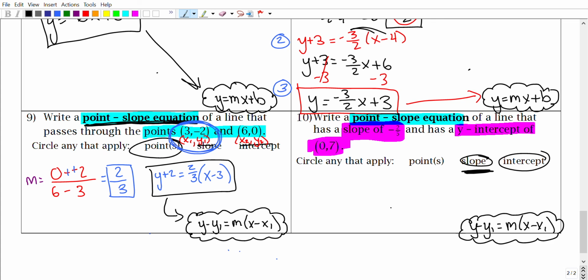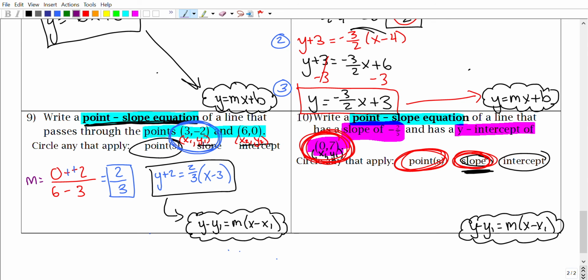Well, not only is this an intercept, but it can also be considered a point. Actually, before anything, it's actually a point. Then we determine that it's actually an intercept because the x term is 0. But this right here, guys, is a point. So I can actually say I have a point and a slope here, and I can go straight to writing my point slope equation.